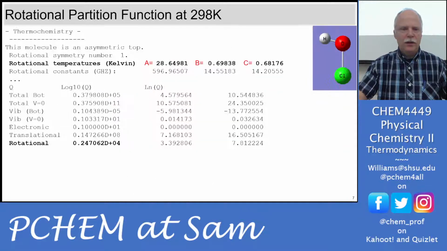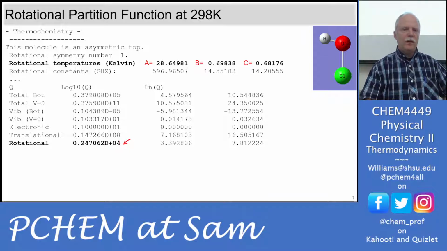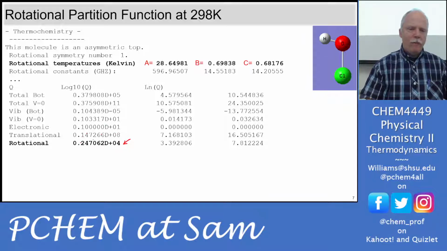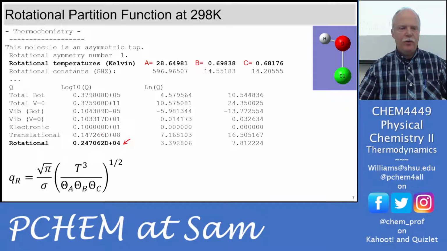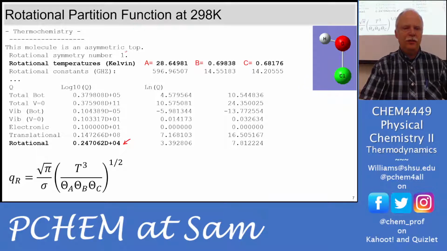So let's look down now at the partition function. We have reported to us in Gaussian the actual rotational partition function. So where does that number come from? Well, we have our equation here. This is an asymmetric top, and so it says the rotational symmetry number is 1.